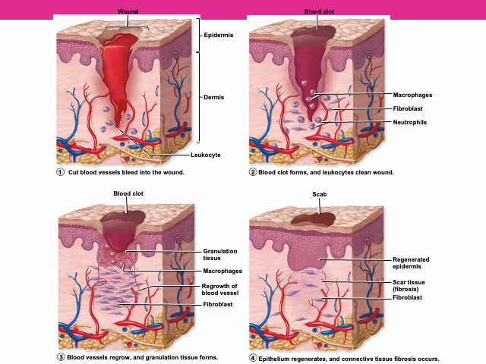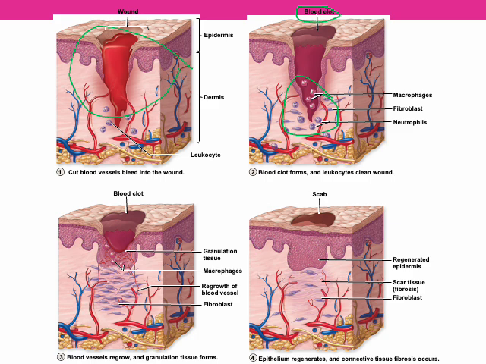So here are the four stages of wound healing in image form. Stage one, the cut has been made, and the blood vessels are bleeding. Stage two is forming the blood clot, and we see the white blood cells gathering in that area.